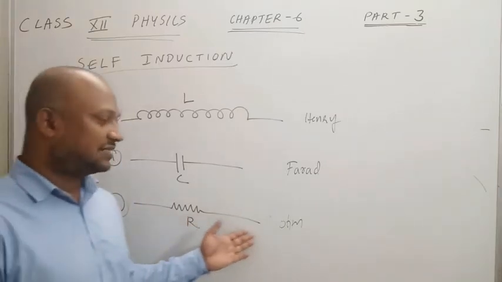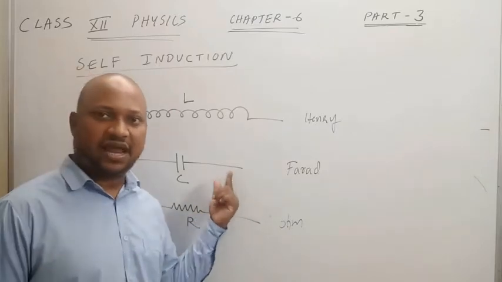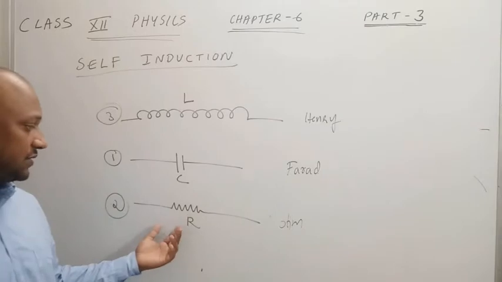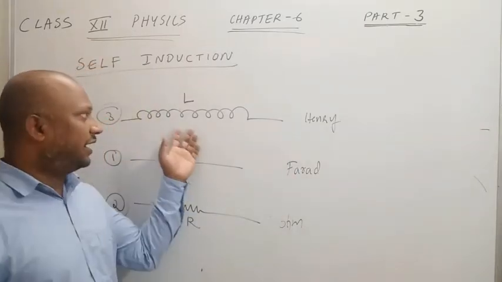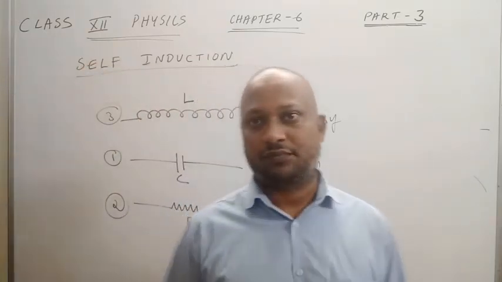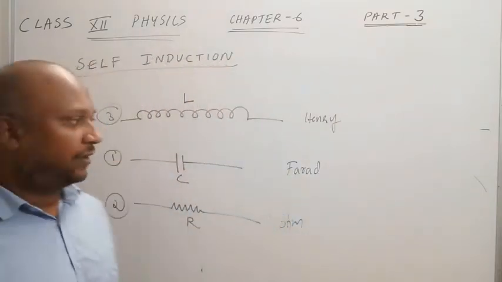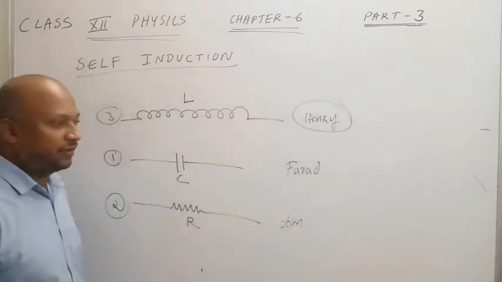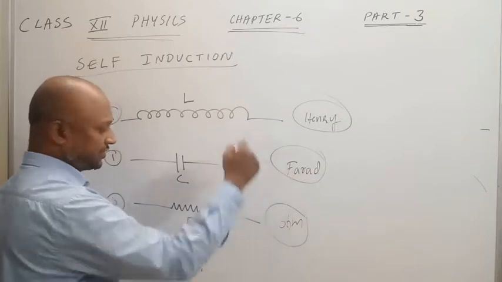Capacitance is its ability to store charge. Resistance is the ability to resist the flow of current, and inductance is the ability to induce a new current, a back current. That is measured in Henry, and this is measured in farad, normally microfarad, and this is measured in ohm.